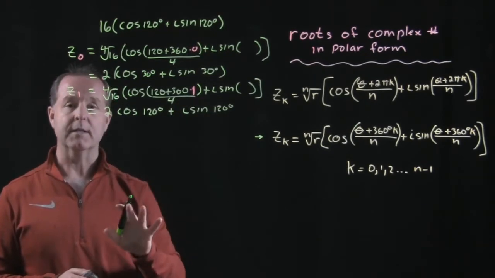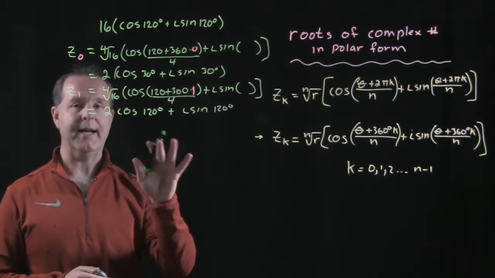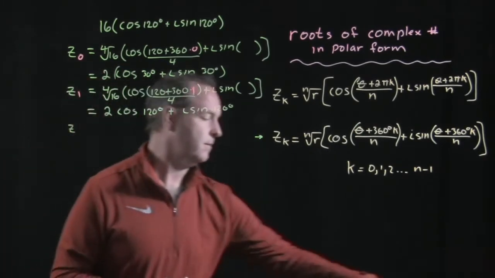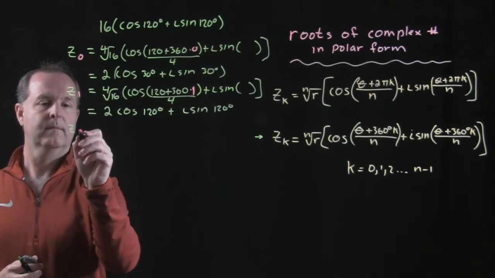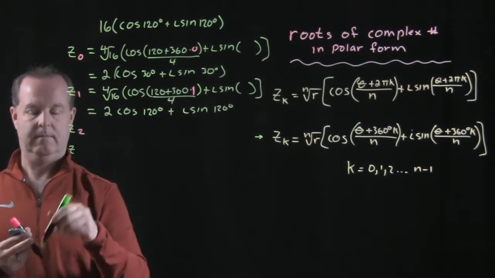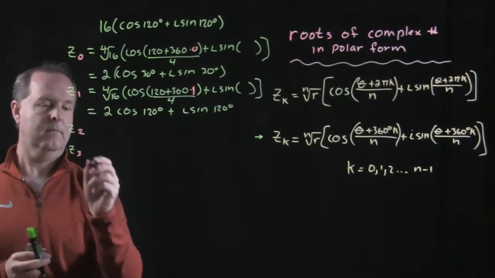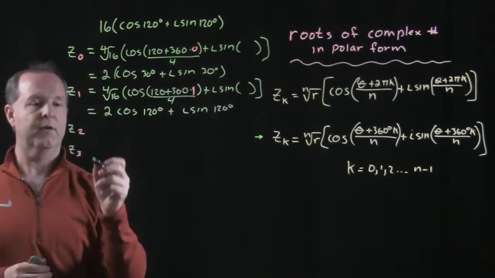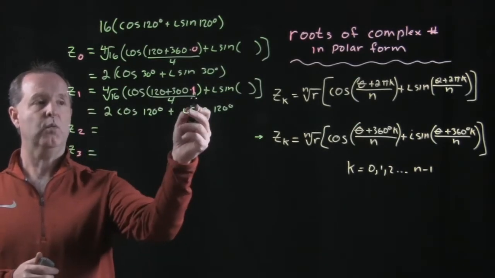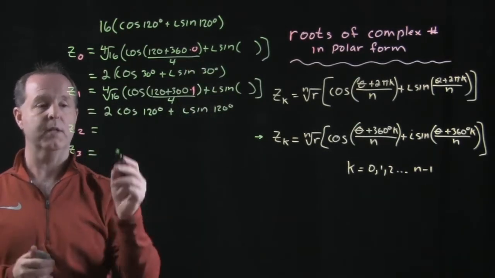From there, let's go ahead and do the next two. So z sub 2 and z sub 3. And again, for sake of space, I'm just going to write those in there. Notice that z sub 2, rather than putting a 0 or a 1, I'll put a 2 in it.